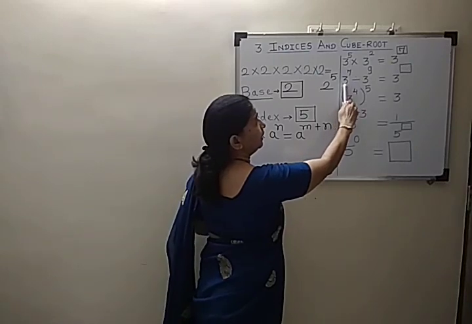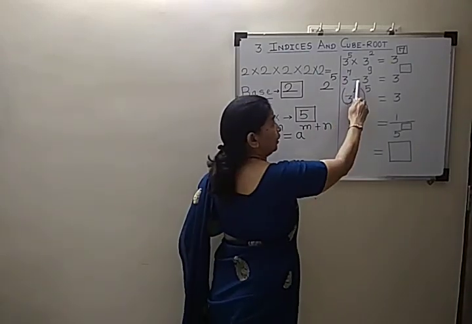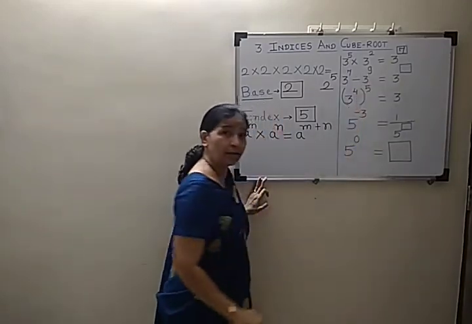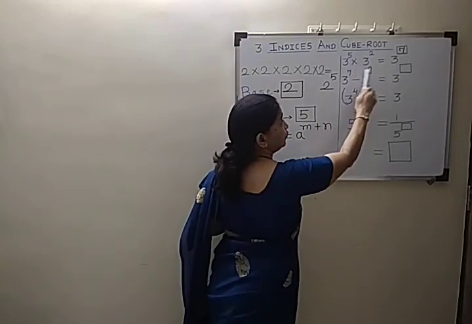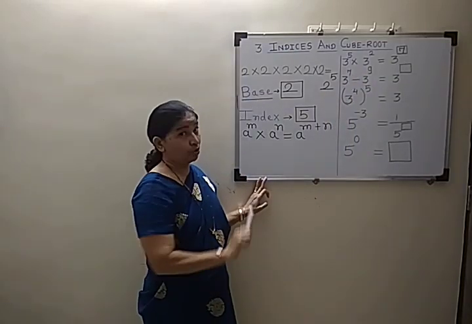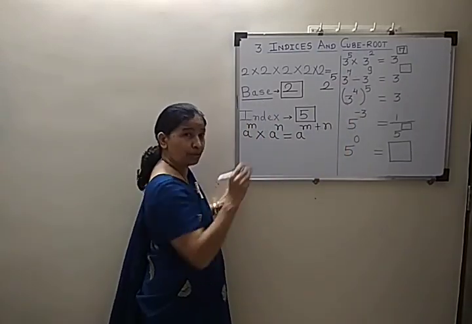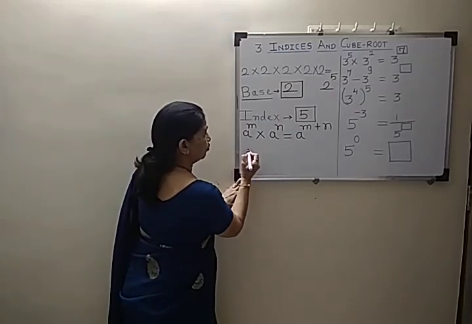This one, 3 raised to 7, division sign is there, 3 raised to 9. Arey, should I do summation of indices again? No, never. Now I will remember the next rule.